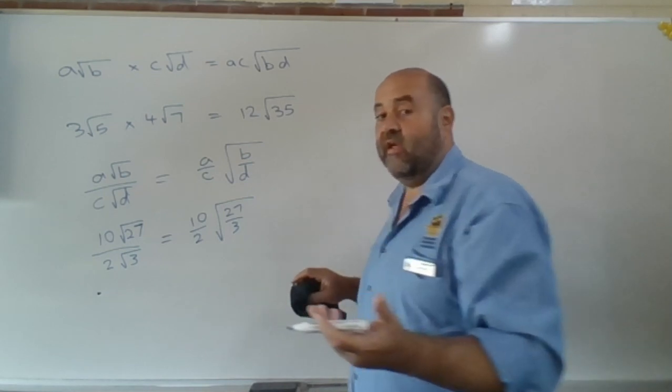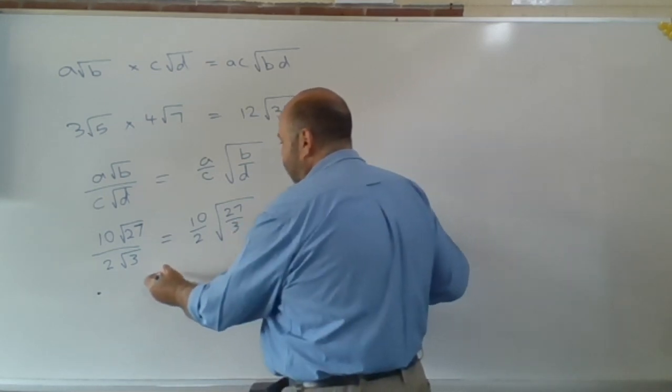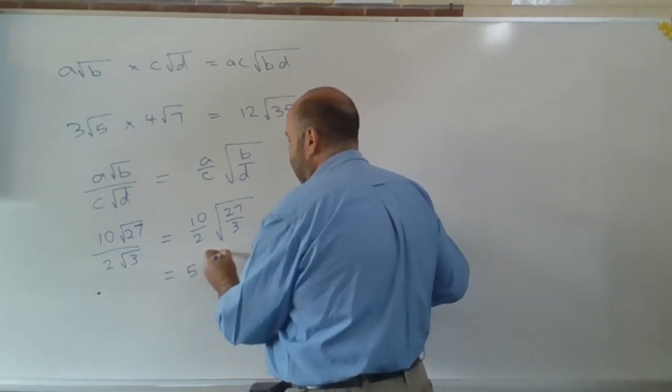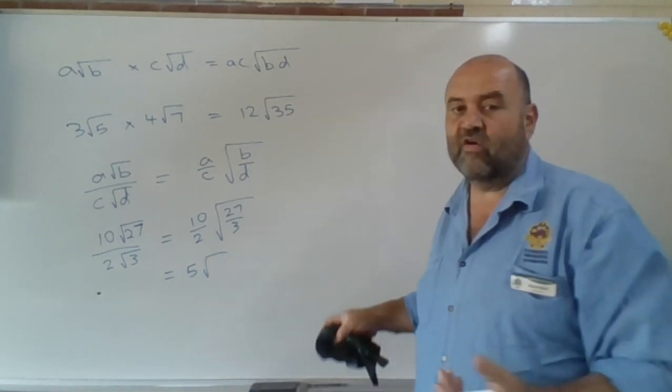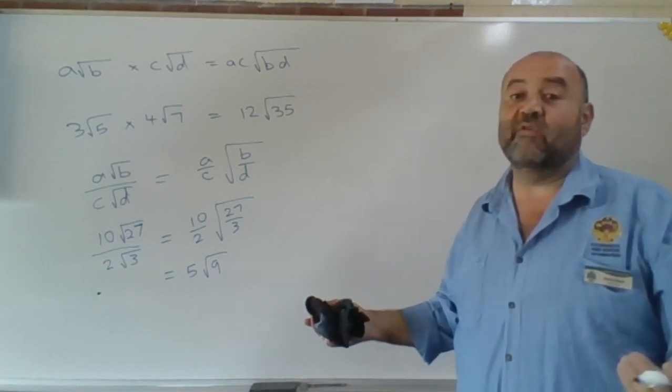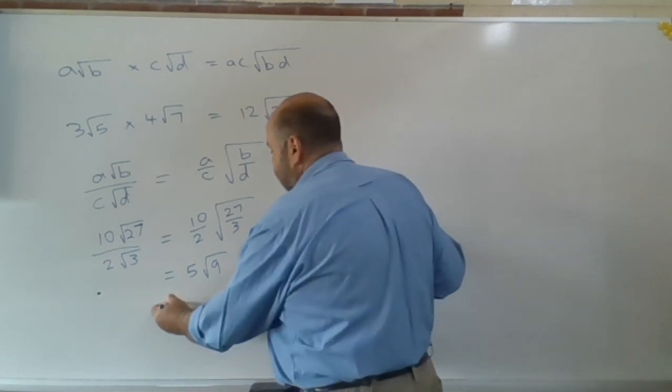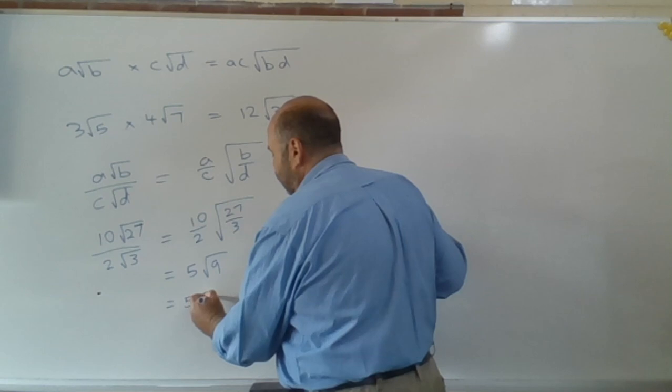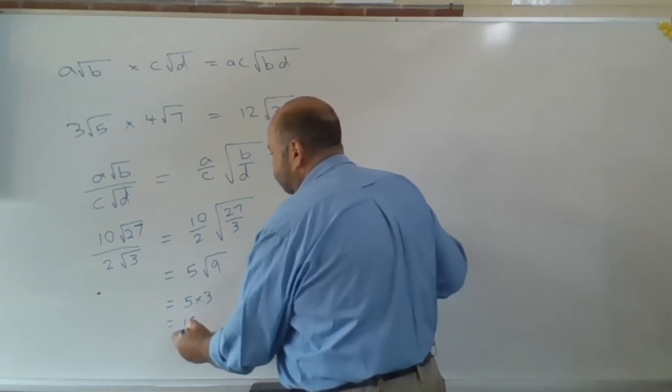And we can simplify now. So 10 divided by 2 is 5. And 27 divided by 3 is 9. And I can simplify that even further now because I know what the square root of 9 is. That's 5 times 3, which is 15.